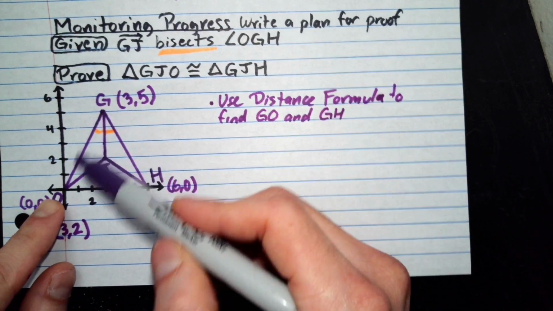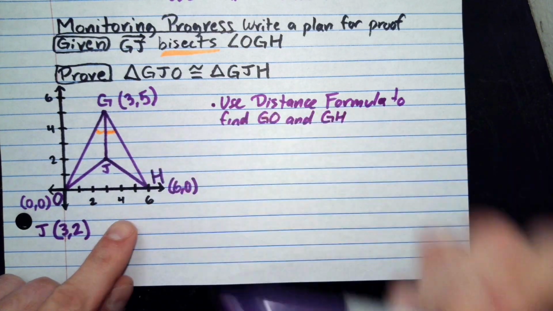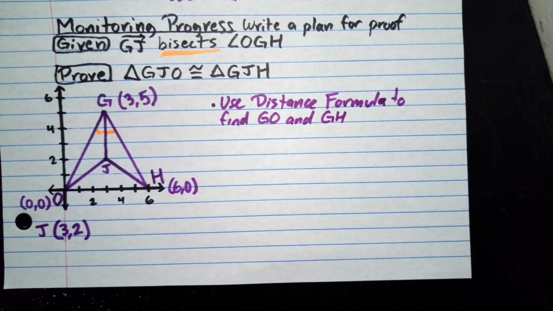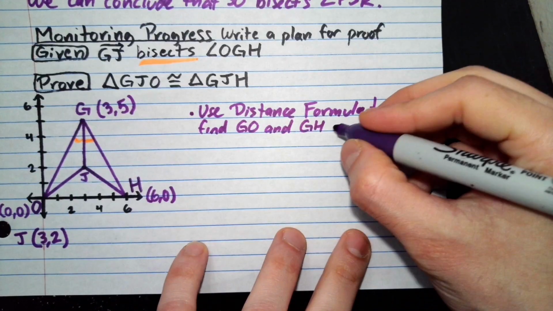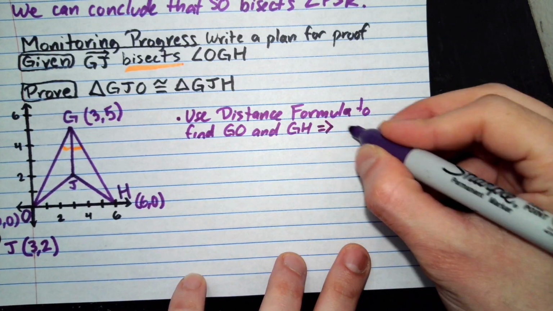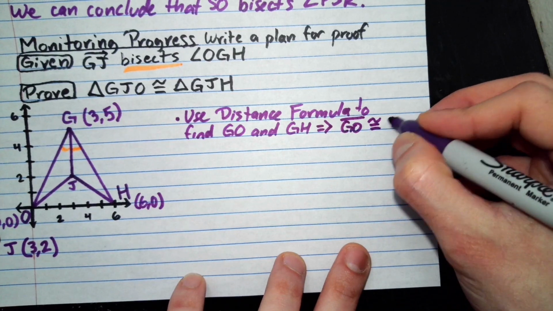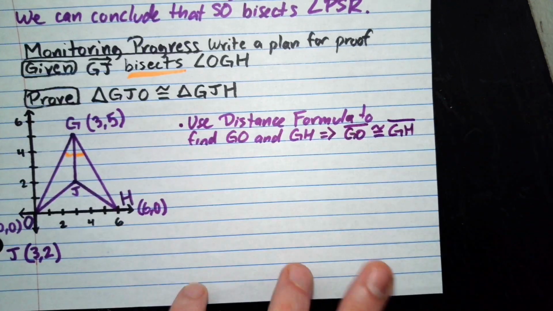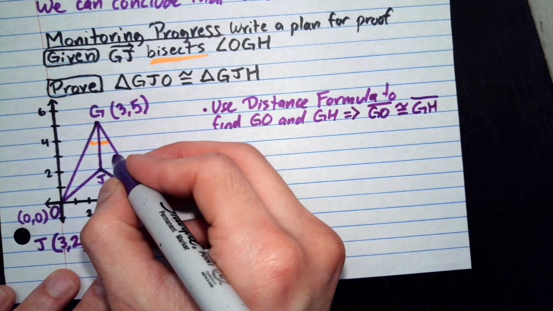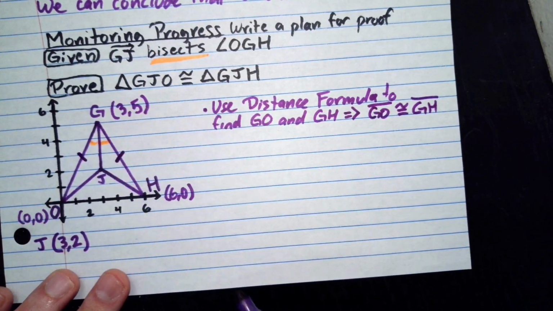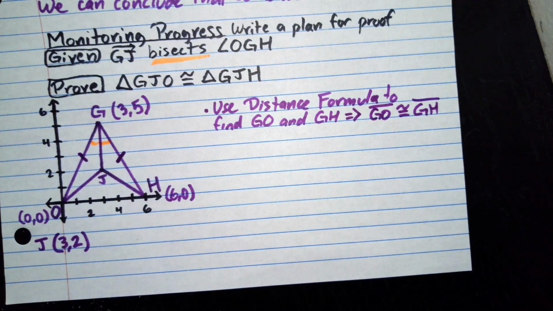Right, so GO is this one, GH is this one, and if we solve this and we can see that they have the same measurement, then we can say that GO is congruent to GH. Right, so if we do that, we now have one side, we have an angle, and if we are able to find another side, then we can use side angle side in order to prove this proof right here.